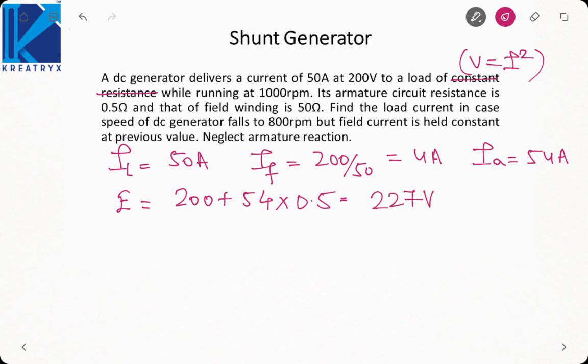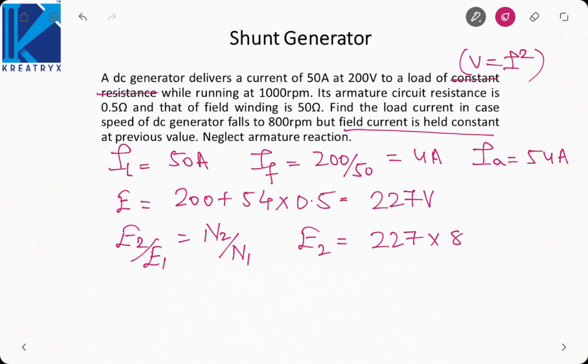Now it is saying field current is held constant, which means flux is constant, so EMF is proportional to speed, which means if we change the speed, EMF will change by the same proportion. So E2 will be E1 into N2 by N1. So it will become 181.6 volt.